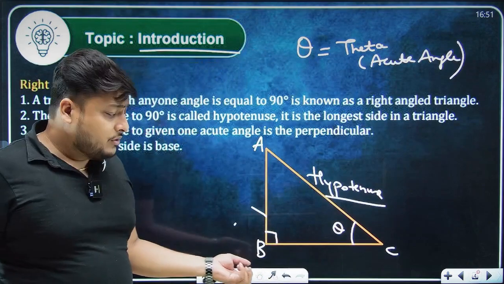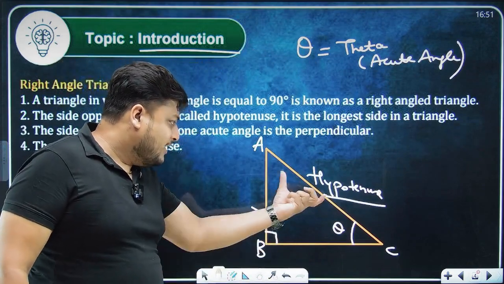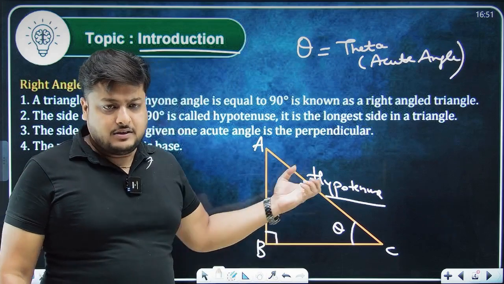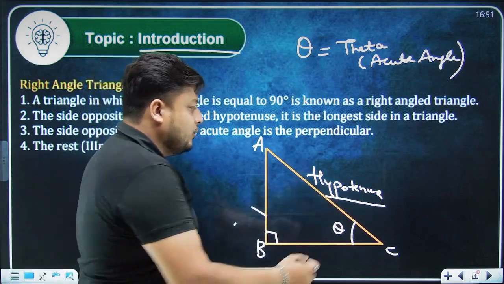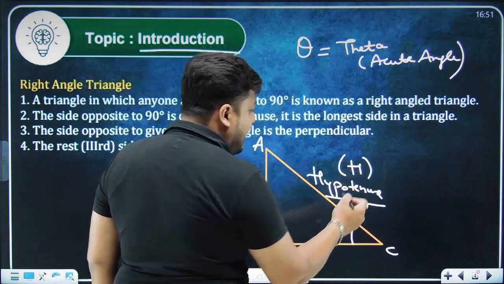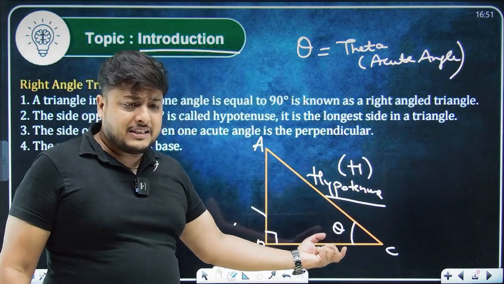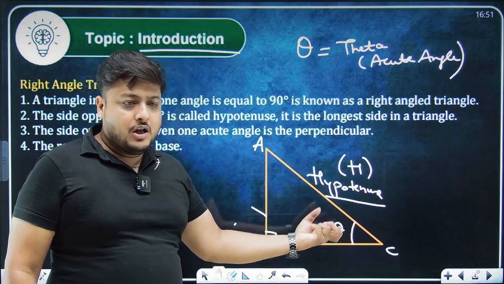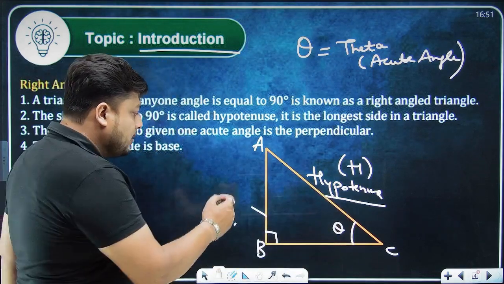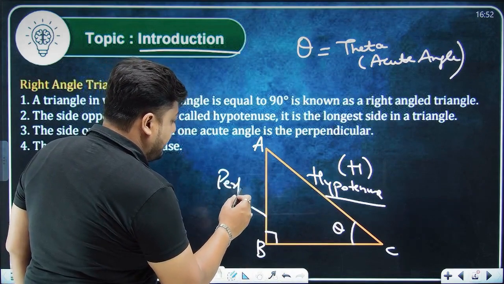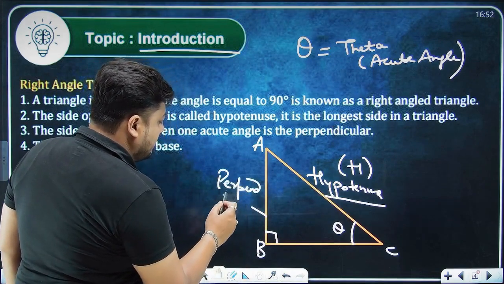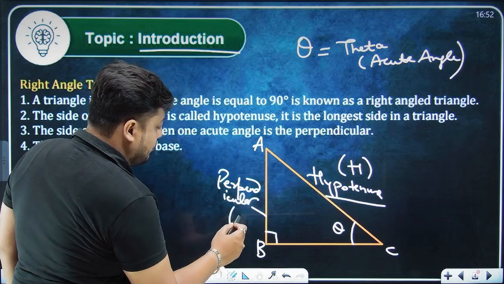So I taught you just now that the side opposite to the right angle is called hypotenuse, which is denoted by H only. And the side opposite to theta, or the given angle, is called perpendicular. Here I am writing perpendicular, which is denoted by P only.